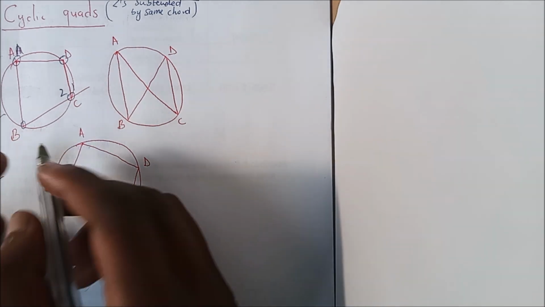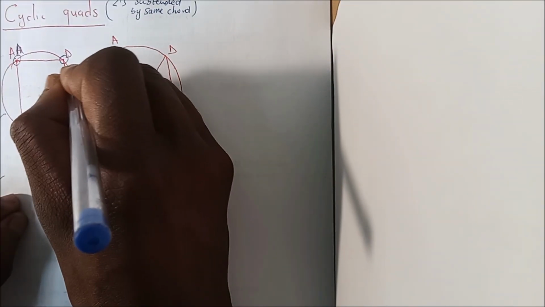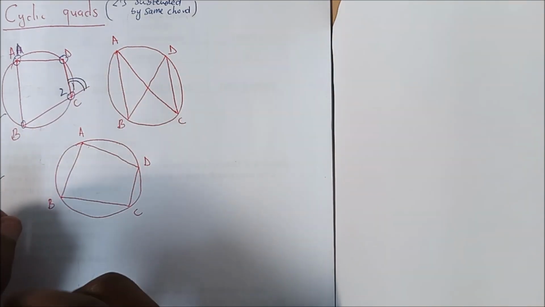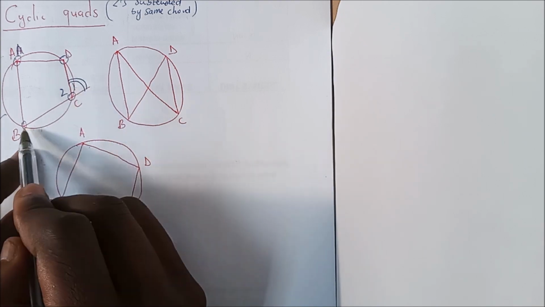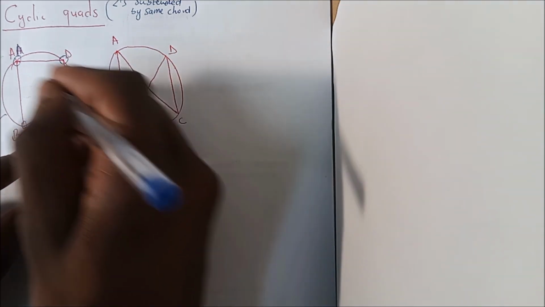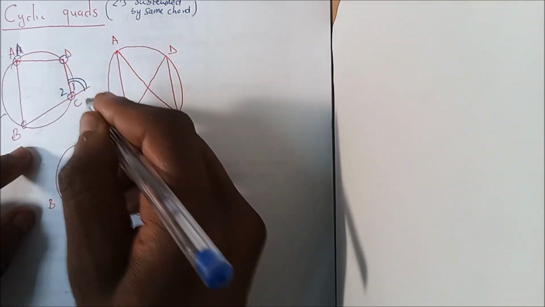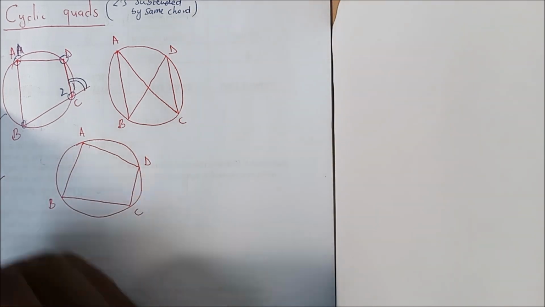So which one is outside here? It's C1. Which one is inside and vertically opposite to that C1? Is it this one? No. Is it that one? No. Vertically opposite. So that means C1.